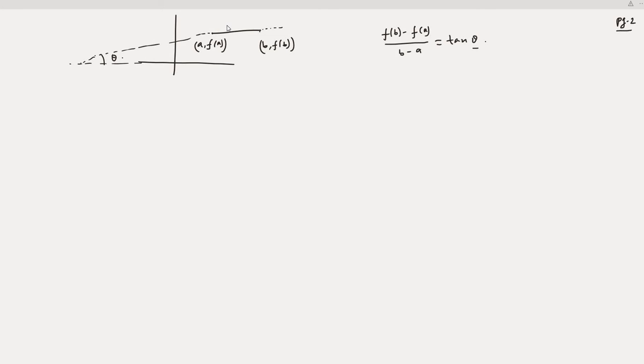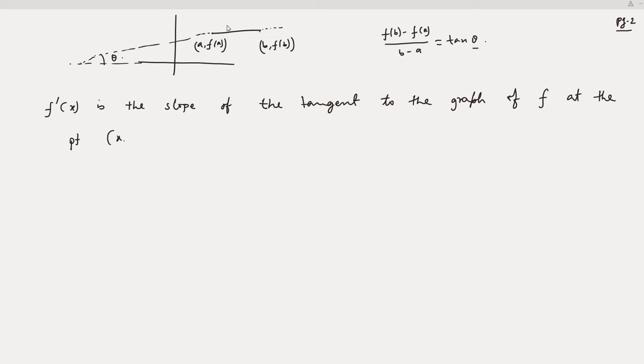On the other hand, what is f prime of c? f prime of c, or in general f prime of x, is the slope of the tangent to the graph of f at the point (x, f(x)).